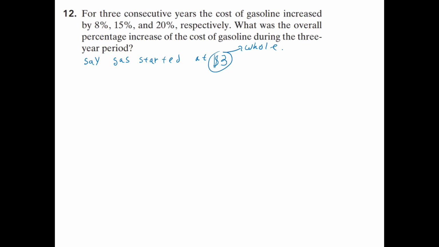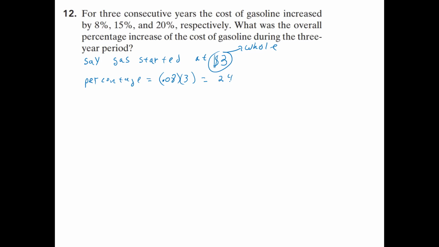The percentage would be the amount of increase. So the percentage is going to be the percent, the 8%, times the whole, times the 3. So 0.08 times 3, 24 cents. So gas would have gone up 24 cents.